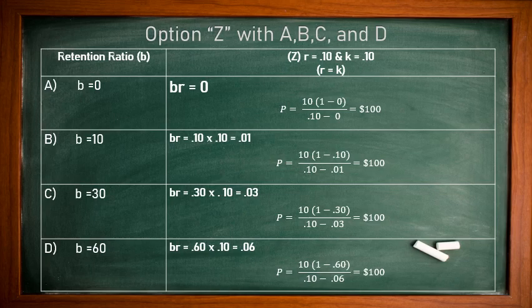So the observation is that the retention ratio does not affect the company's market price when R is equal to K, that is, when the required rate of return is equal to the cost of capital.